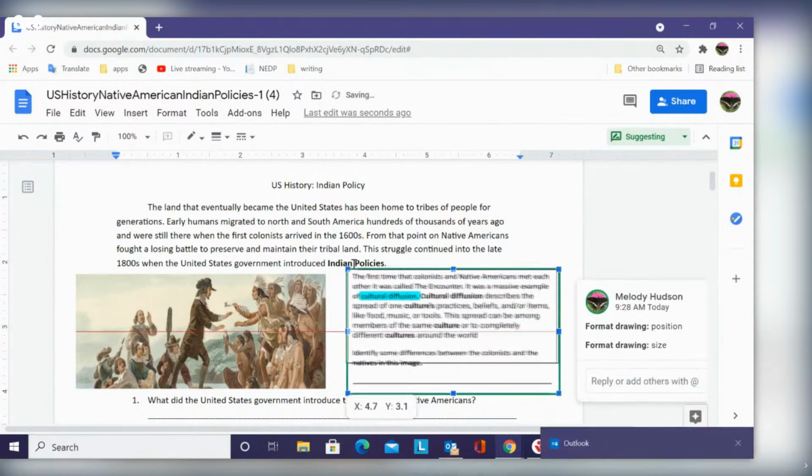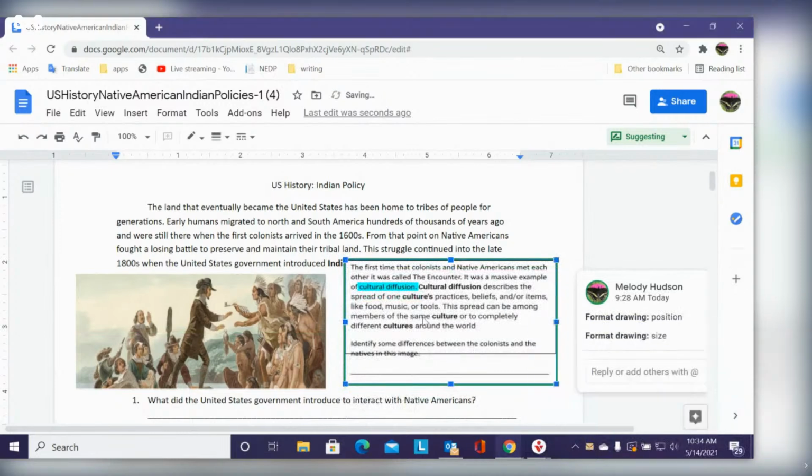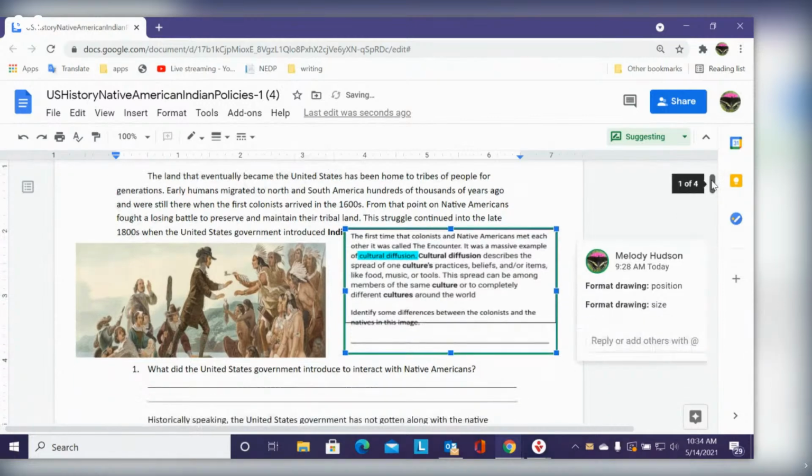Okay, so let's take a look at this little box here where I have put in a definition so that we have some clarification. So the first time that the colonists and Native Americans met, when we refer to colonists, we're talking about those who came first to settle what we consider to be the original 13 colonies.